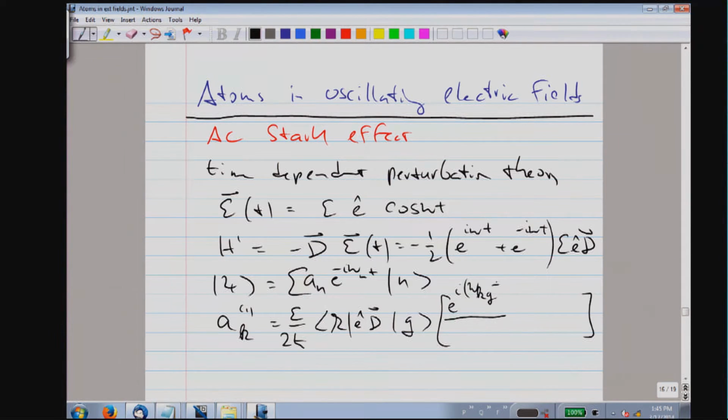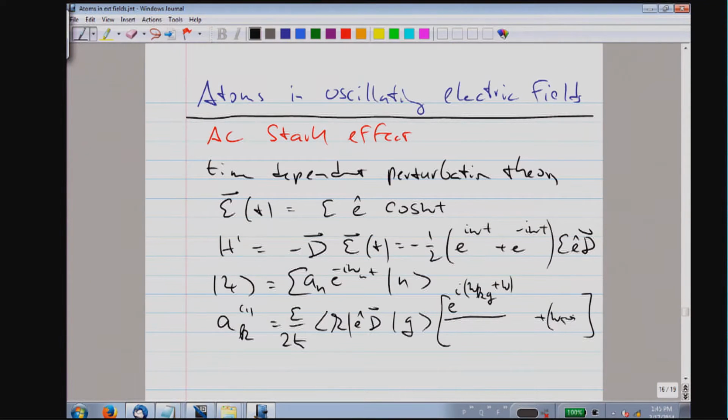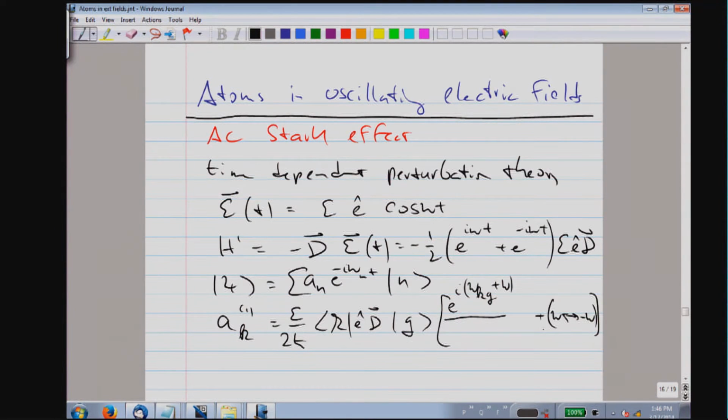And we have a time-dependent oscillation at omega. And then we have, of course, the same term where we flip the sign from omega to minus omega. So that's the second term.